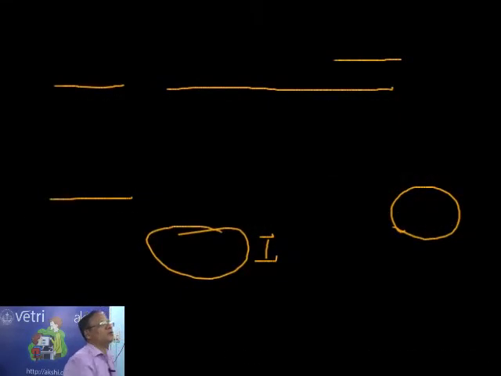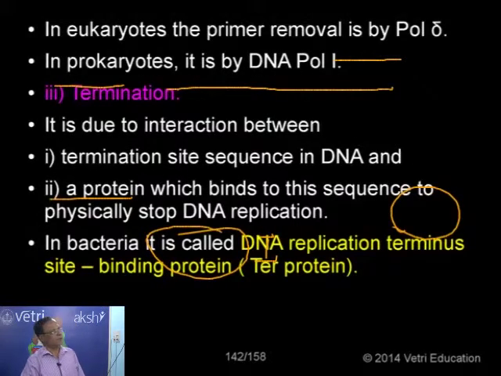That's why I said already that the synthesis of the continuous DNA segment is with the help of polymerase 3, and the synthesis of the discontinuous formation is with the help of DNA polymerase 1.